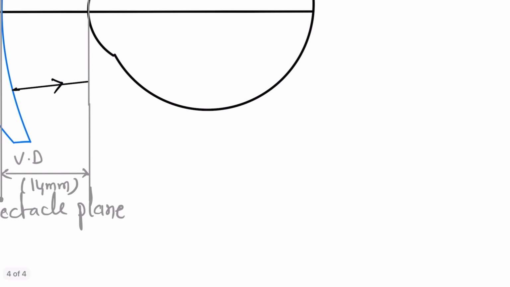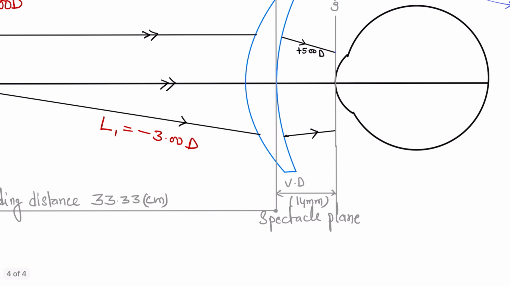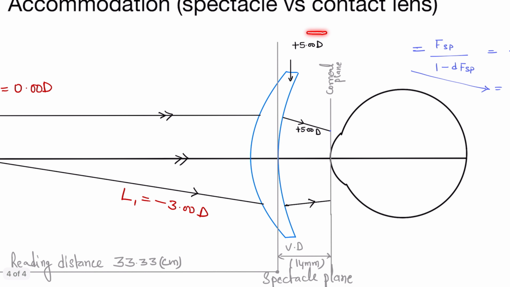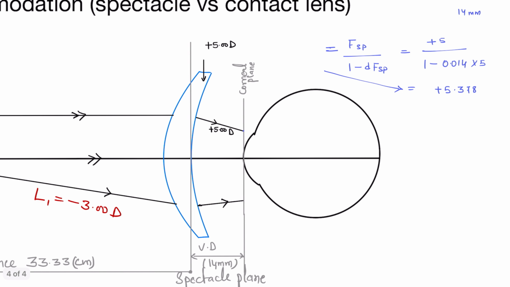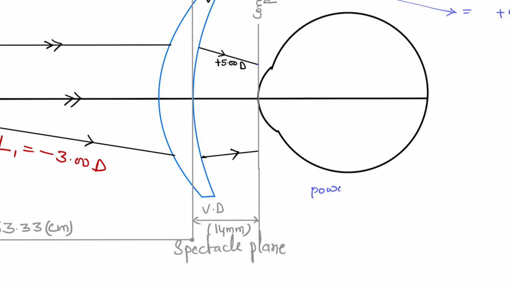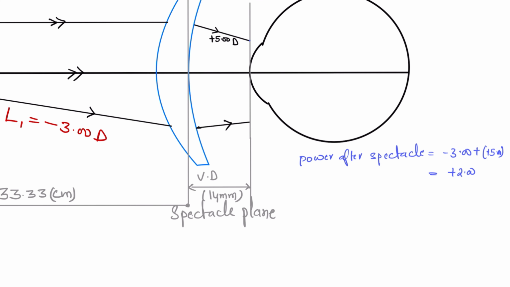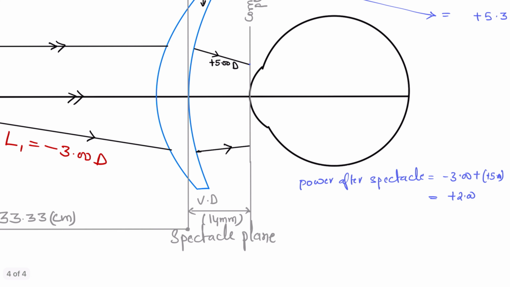So let's now solve the down part of the diagram, where the divergence of light is minus 3 diopter. When it reaches this particular point, it meets plus 5 here, and the total which exits out, the power after the spectacle plane, will be equal to minus 3 plus 5, which will be equal to plus 2. Again, we're going to calculate how much power is actually received at the corneal plane.